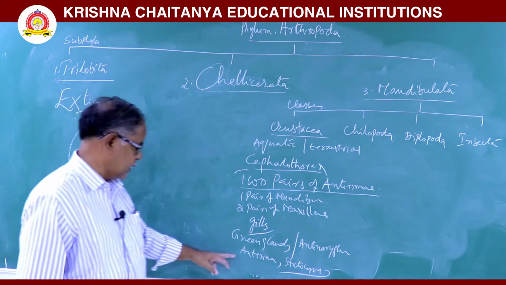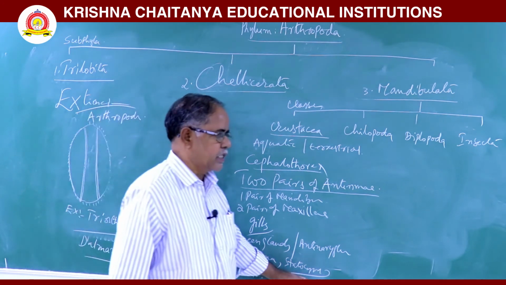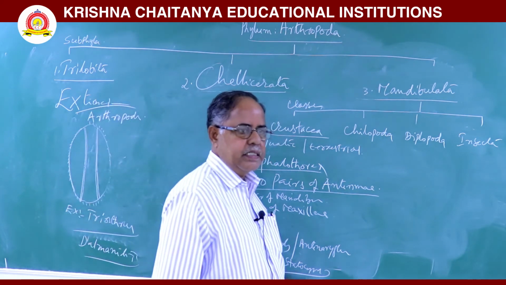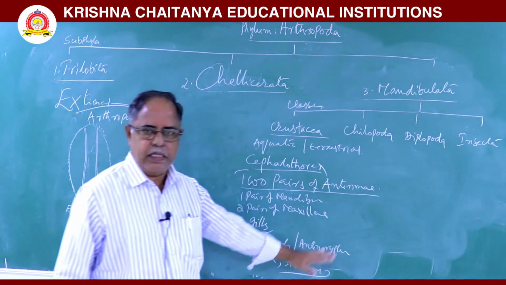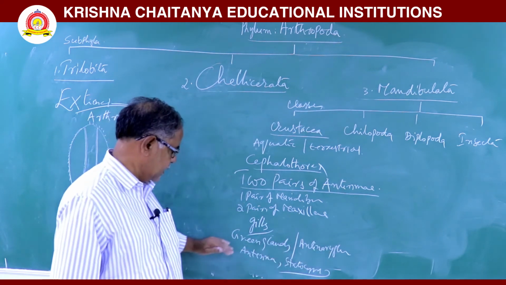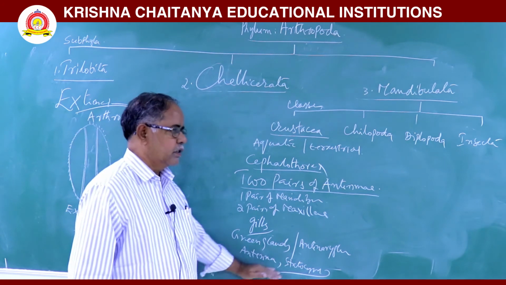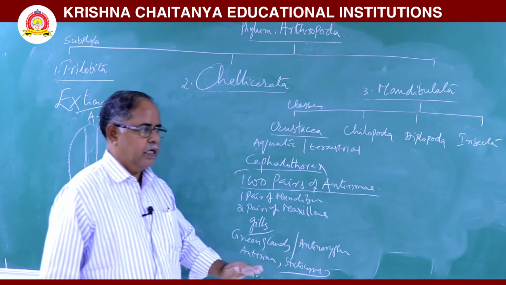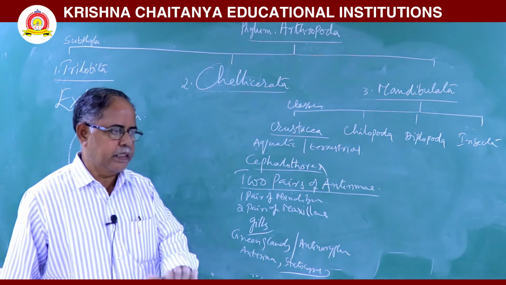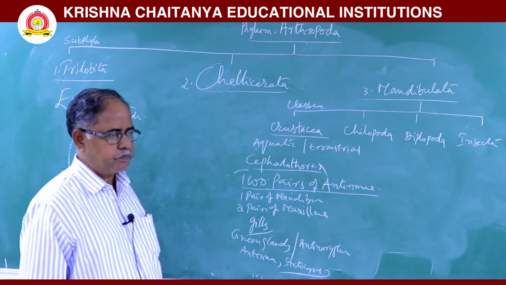Here the sense organs are antennae, statocyst, and eyes. Eyes, antennae, and statocyst are used as sensory organs. The statocyst is used to maintain equilibrium.